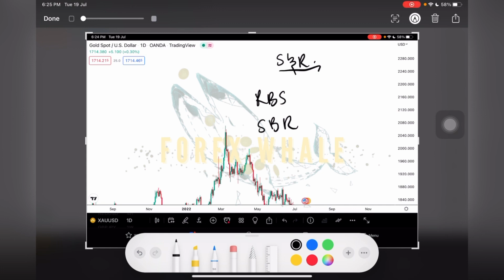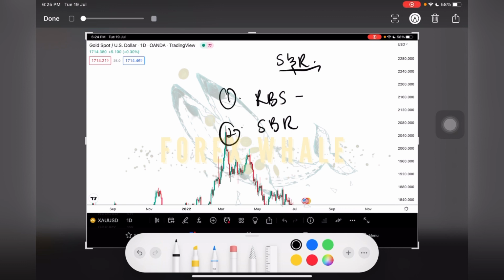So what is the RBS? Again, I would like to say that a resistance and support is bound to be broken after being tested a few times. So that's why there's this setup called the RBS and also SBR.